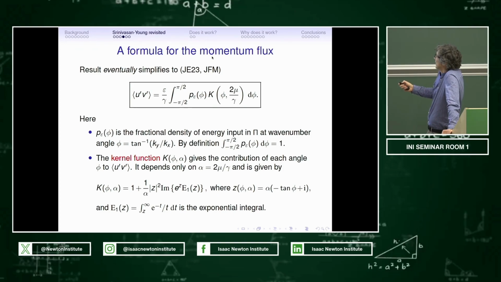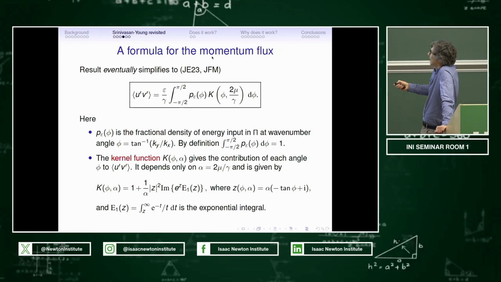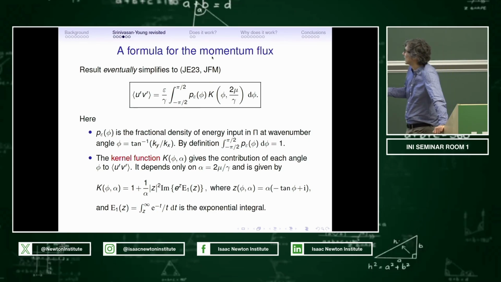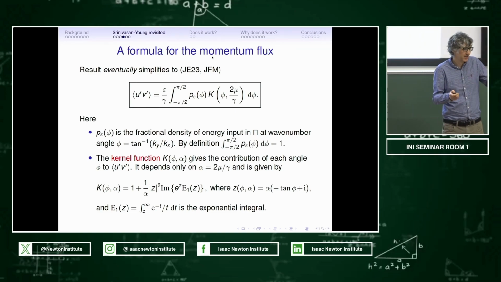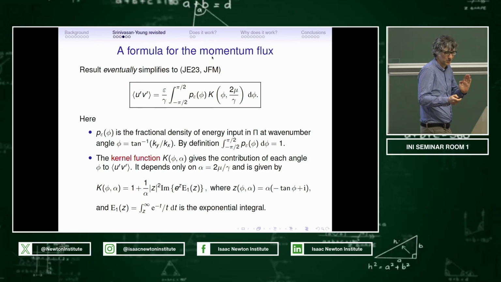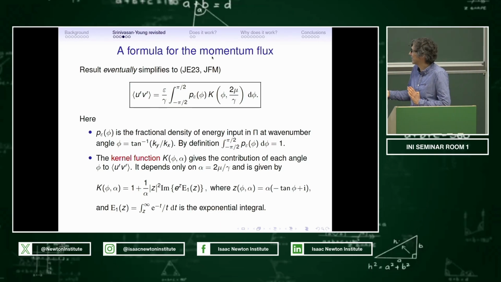The other thing that appears in this integral is what we call the kernel function k of theta, and it gives the contribution of each wave number angle to the momentum flux. If you force at a different wave number angle, each wave number angle has its own contribution to the resulting momentum flux.